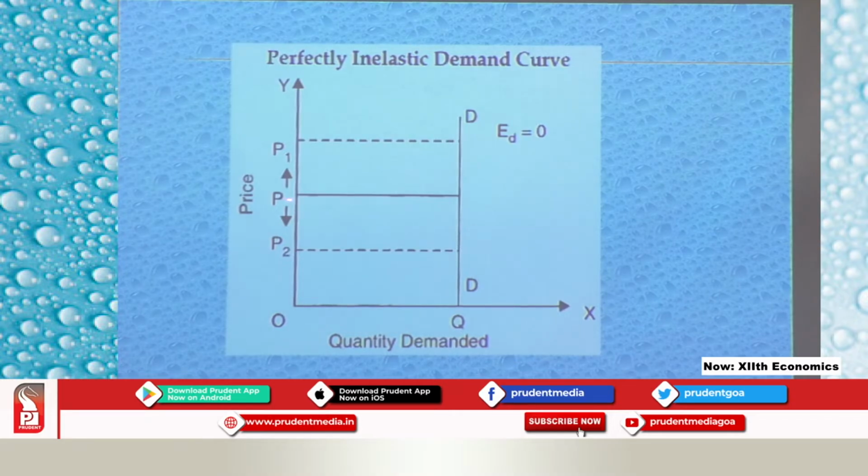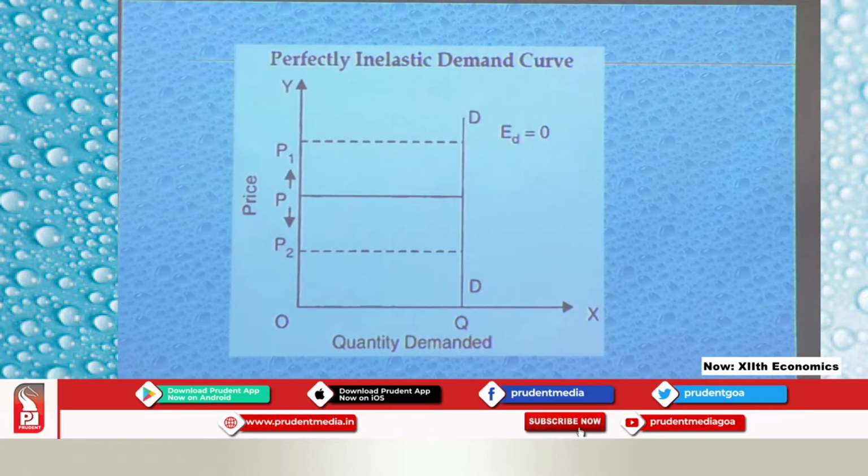At any price, price may be OP, OP2, OP1, whatever may be the price, you are going to buy the good because it is a question of saving a life. Okay. So, this is the second type of price elasticity. Then let us move ahead.